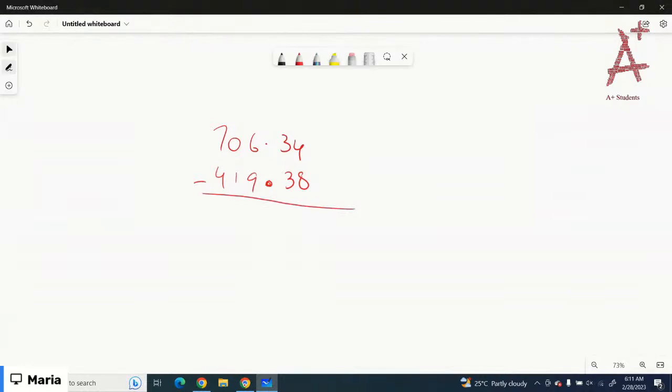Can we subtract 8 from 4? We cannot, so we have to borrow 1. It would now be 14. Here you are left with 2. So 14 take away 8 is 6. You cannot subtract 3 from 2. Again, you have to borrow 1. Here you have 12. 12 take away 3 is 9.